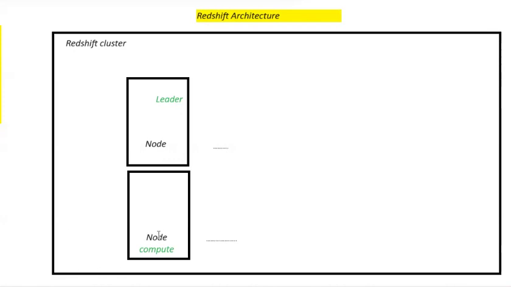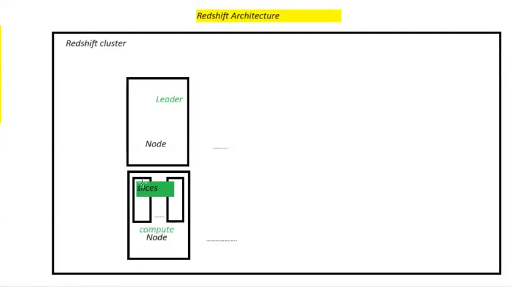Now let's see about these compute nodes. Based on node type and node size, each compute node is again partitioned into slices. Each compute node contains multiple slices. How is the compute node partitioned into multiple slices? Based on node type. What node type did you select for your compute node, and what node size did you provide? Based on that, the compute node is partitioned into slices.